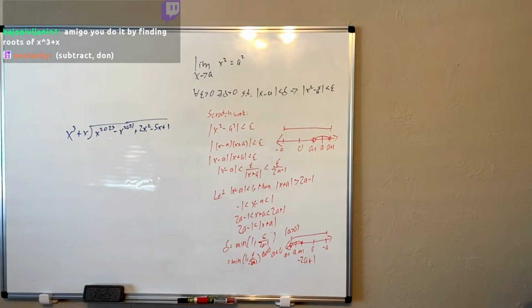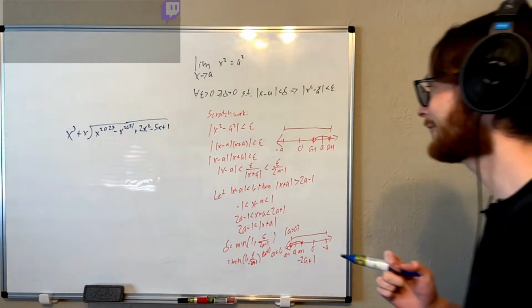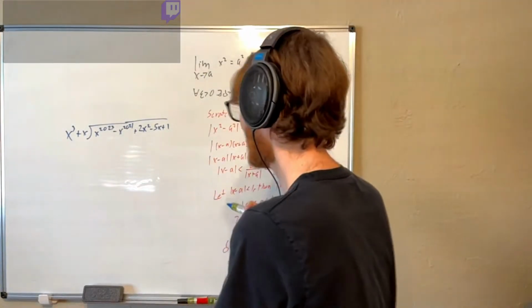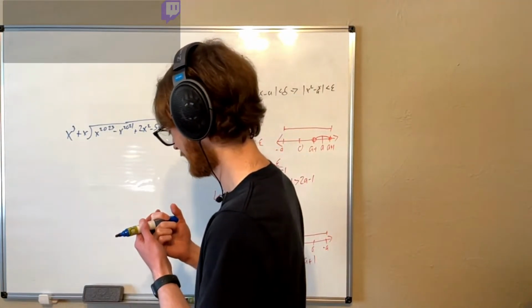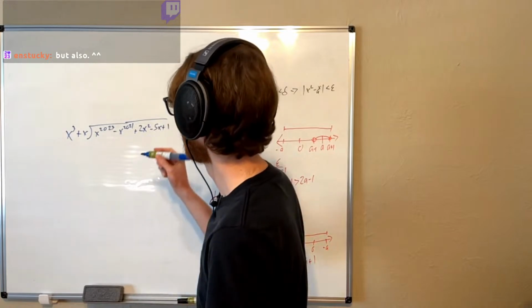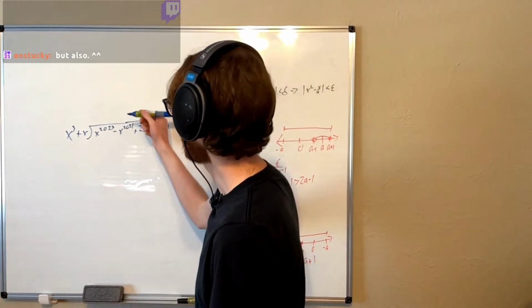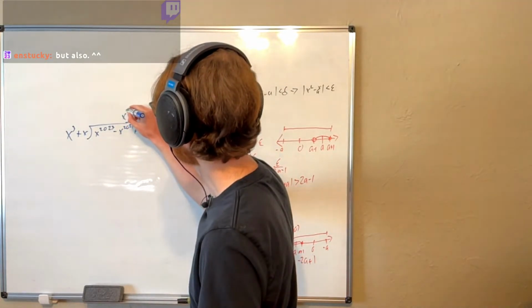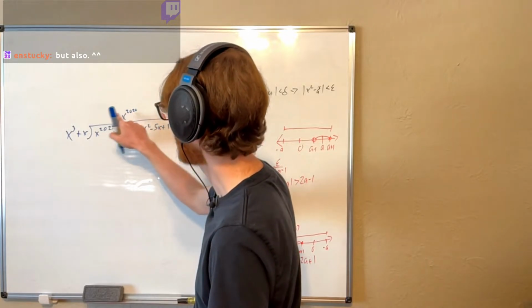Subtract? Oh wait, I forget my exponent rules. Yeah, you add or subtract, you don't multiply. Thank you, Stookie. I don't think we need the roots of x cubed plus x, do we, Bio? Just to do the division? Okay, now evidently I forgot how to do polynomial division. But yeah, no, if we want to make x cubed match x to the 2023, you do x to the 2020, because the exponents add, not multiply.